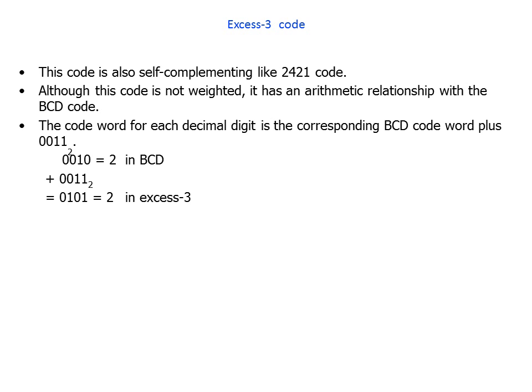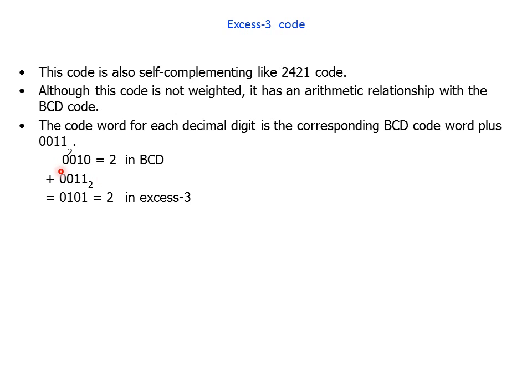Another code that is used for calculations for numeric code is XS3 code. XS3 code means 0011, that is 3, is added to the BCD code, then it becomes XS3 BCD code.